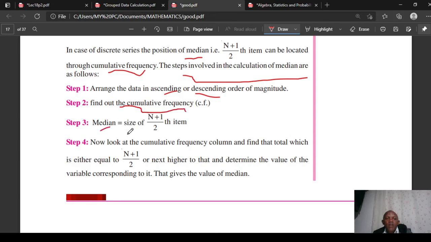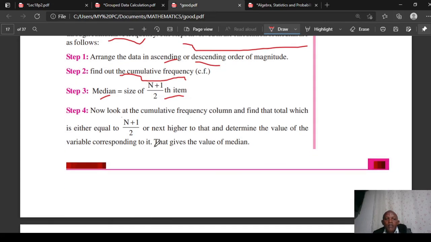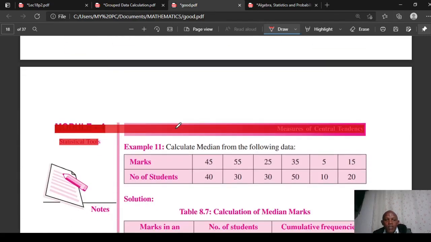Number 3, what is the position that the middle value occupies? What's the ith position? It will be n plus 1 over 2. And then number 4, look at the cumulative frequency and establish where that middle value falls, and then relate that with your data. We're going to look at that.